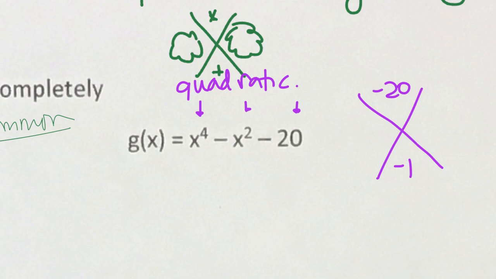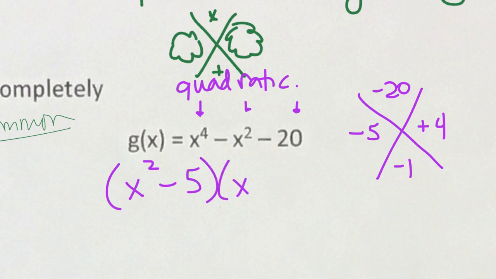That's our thought process when we're factoring something like a quadratic style factorization. And hopefully you know those numbers are negative 5 and positive 4. Negative 5 times 4 is negative 20. Negative 5 plus 4 is negative 1. So our x to the 4th is going to factor to x squared minus 5 and x squared plus 4.